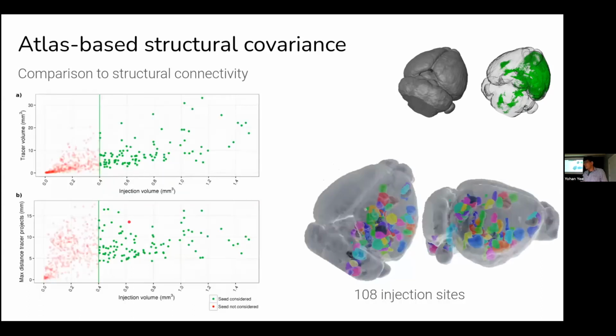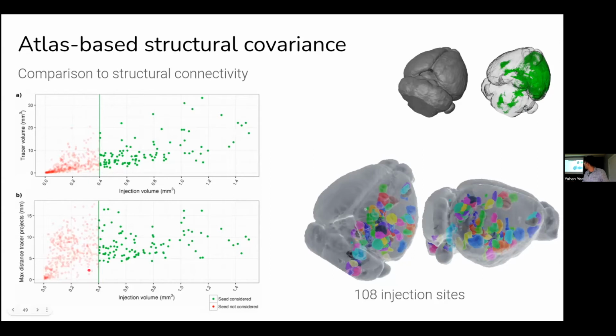We selected only a subset of all the experiments that the Allen Institute puts out. We noticed that there was a relationship between the volume of the injection that they used and the distance that the tracer travels. And we really wanted to not deal with cases where too little injectate was injected into the mouse brain and the tracer just didn't travel far enough because of that.